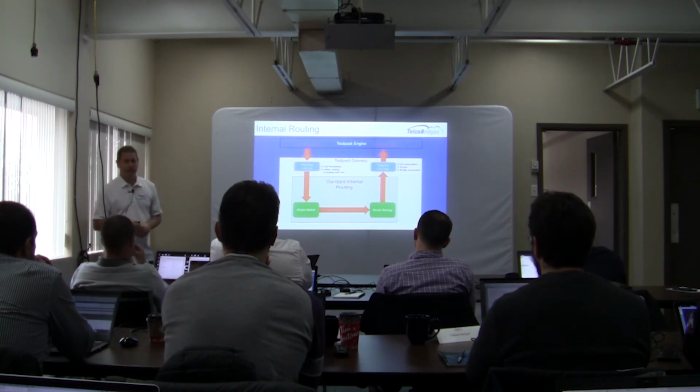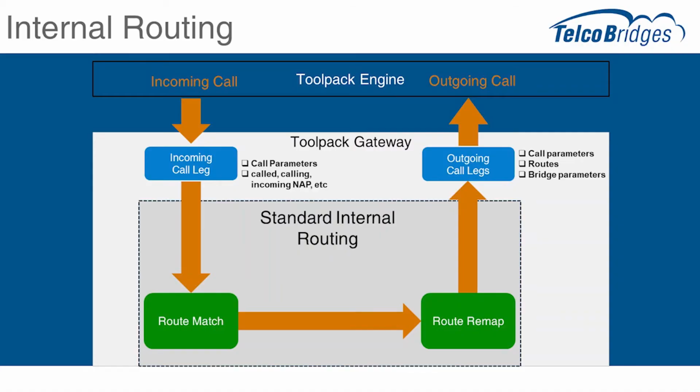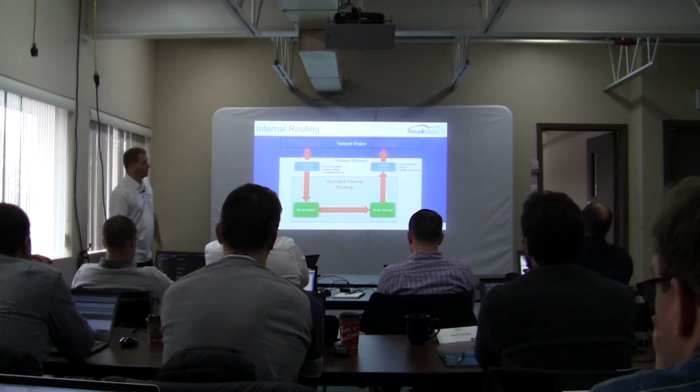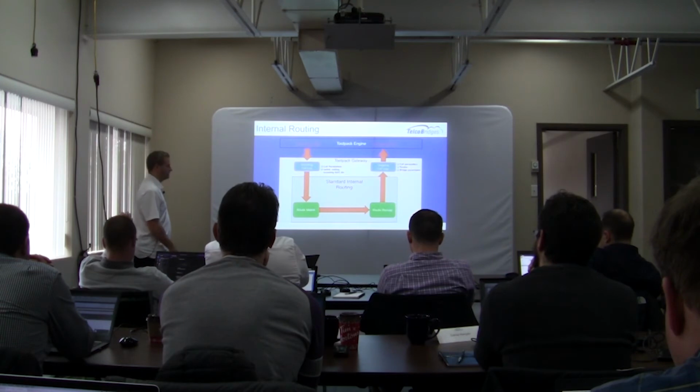The incoming call comes in from the system. When you get in gateway, you have information about this incoming call. So you have call parameters, calling, incoming NAP, domain, and there's a list, I don't know, 100 parameters or something like that that come in to the gateway application. The basic routing matches the route.